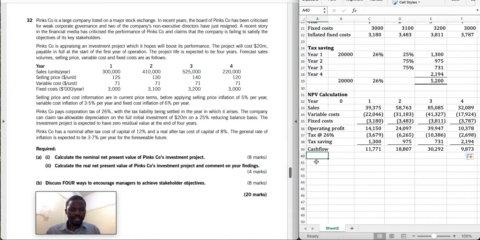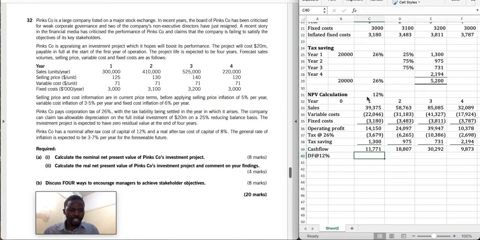Then now we have to discount at 12%, the nominal rate of discount. We discount at 12%. For year, the discount rate, let's put the discount rate here.